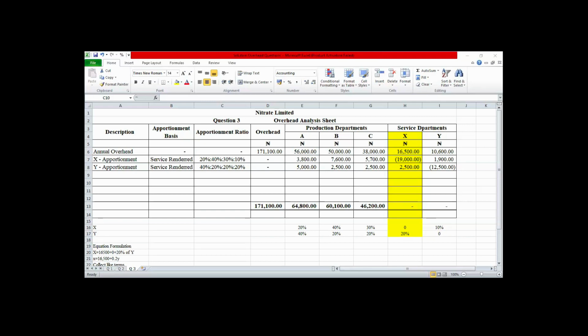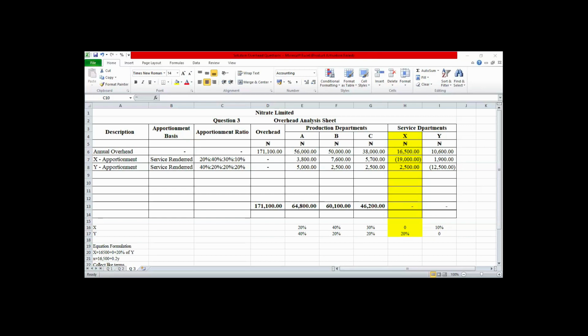Any variable you have selected determines what is going to be your Y and what is going to be your X. So we said make Y the subject of the formula in equation 1. Then we quote out our equation 1. What is our equation 1? X minus 0.2y equals 16,500.